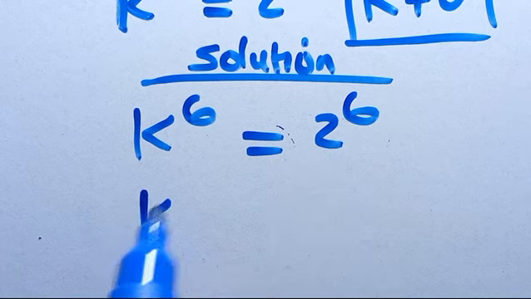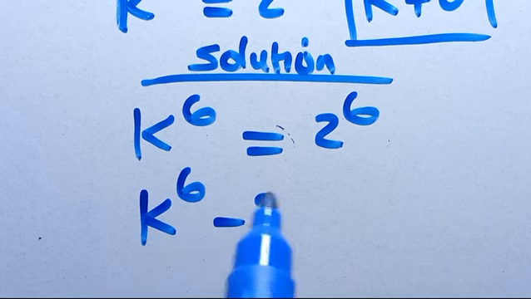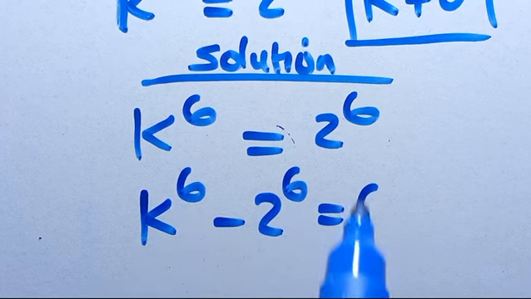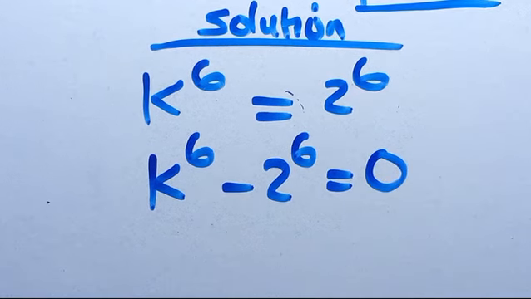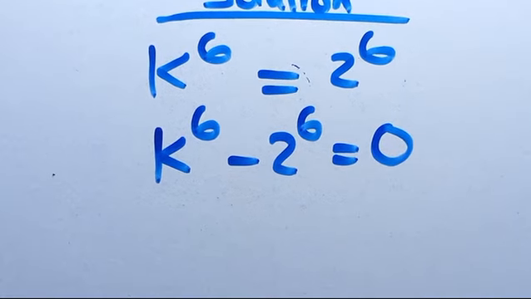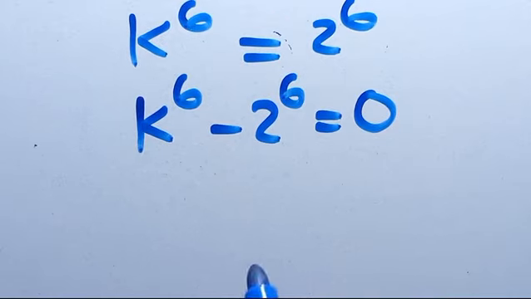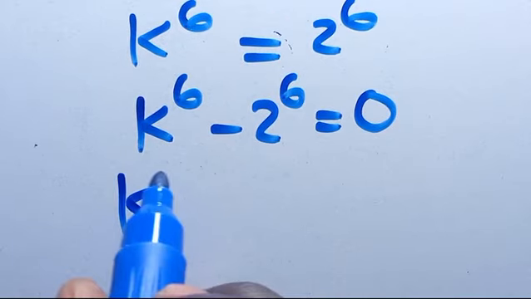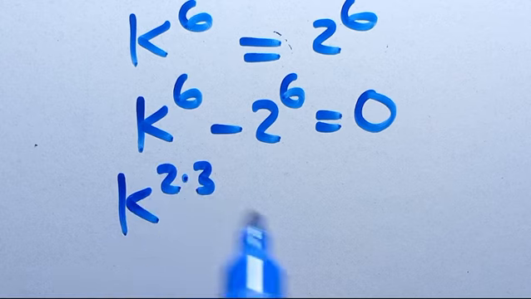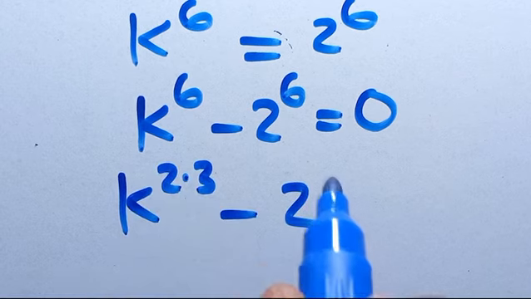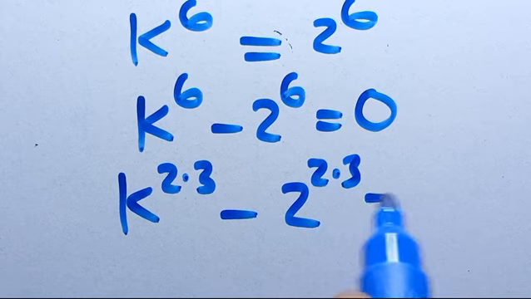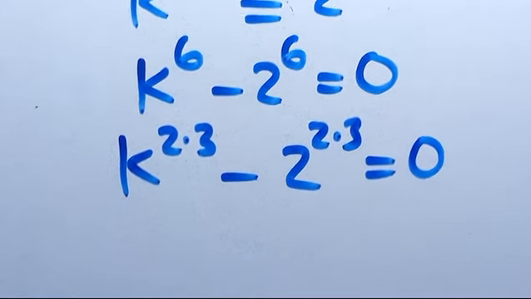So we are going to have k to the power of 6 minus 2 to the power of 6 equals 0. Then from here, let's simplify this as k to the power of 2 times 3 minus 2 to the power of 2 times 3 equals 0.